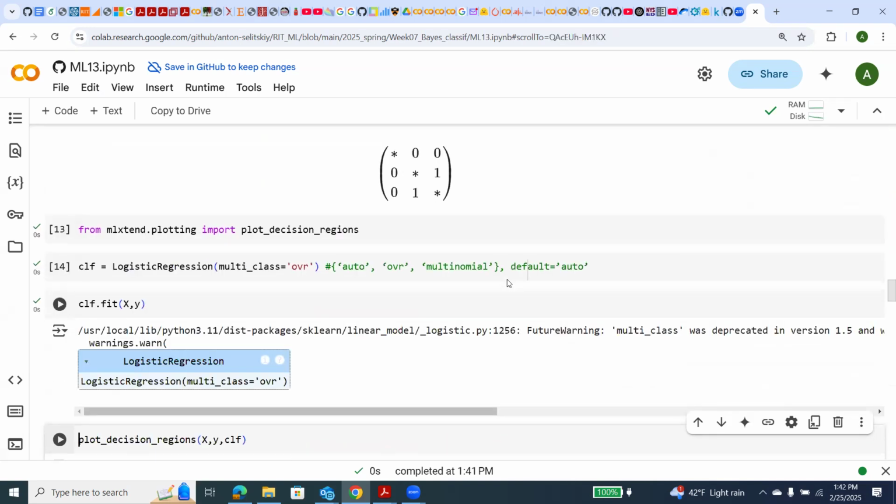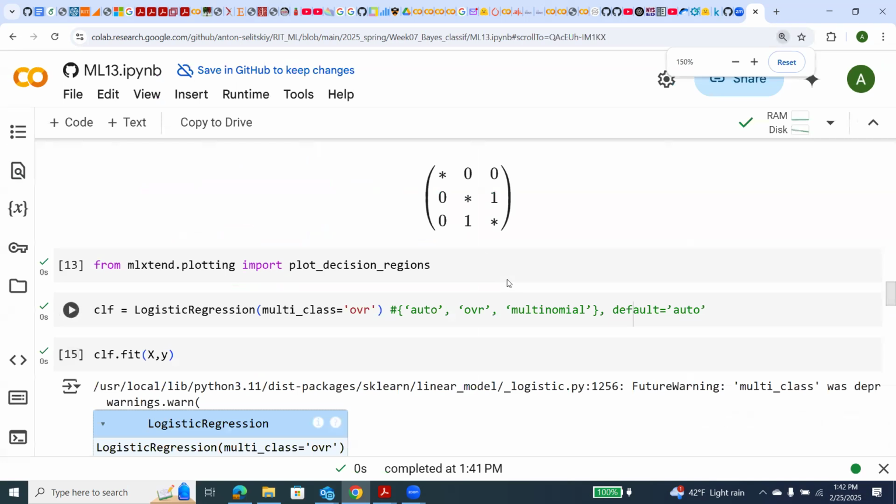Okay, now it's the interesting part. We will call the logistic regression, and logistic regression has these parameters which decision boundary you will use. One versus rest, which is one versus all, or multinomial, which is our logistic regression that we just solved now.